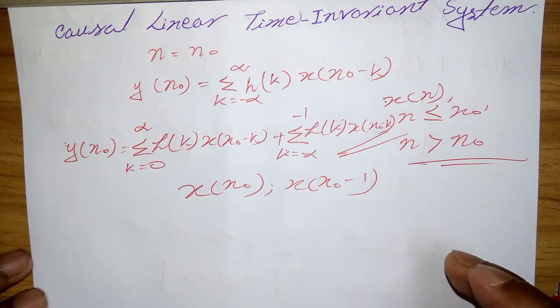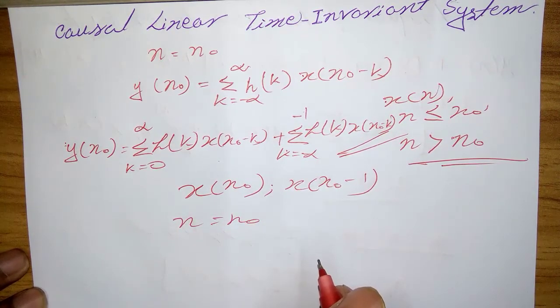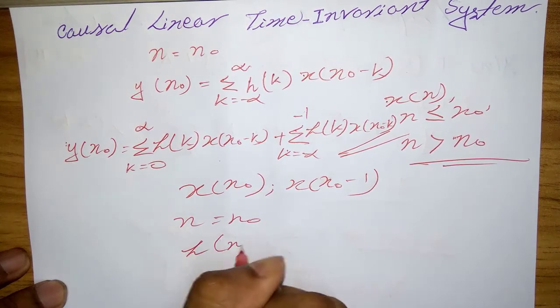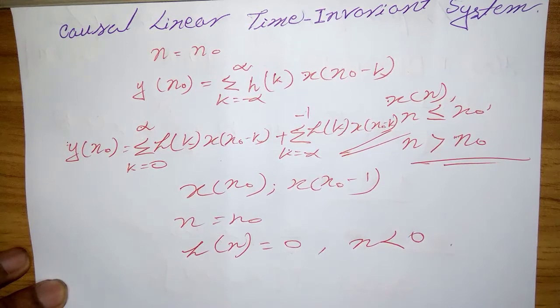Now if the output at time n equal to n naught is to depend only on the present and past values, then clearly the impulse response of the system must satisfy the condition h of n equals 0 where n is less than 0.